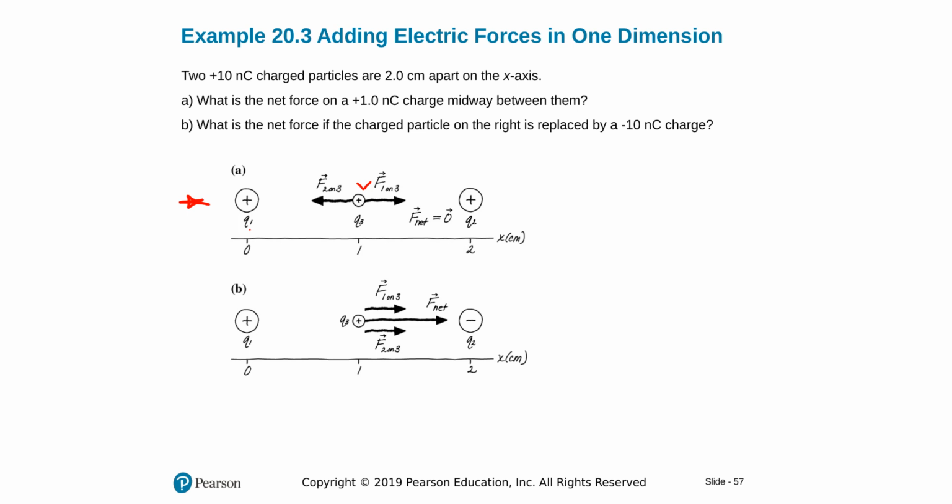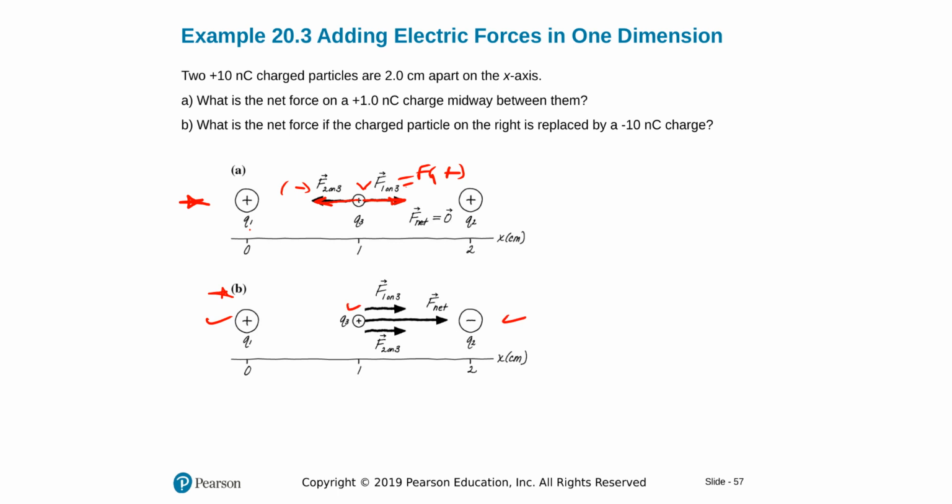Charge 1 would push, they call it F1 on 3 here. We can simply call it F1 as well, force applied by charge 1, and F2, and then we find the forces. They are opposite to each other, so we will be adding them, but one is positive, one is negative. Find the total force. If we change in part B, we change the signs. We have plus, minus, and plus in the middle.